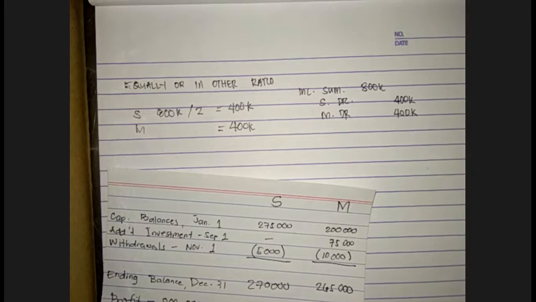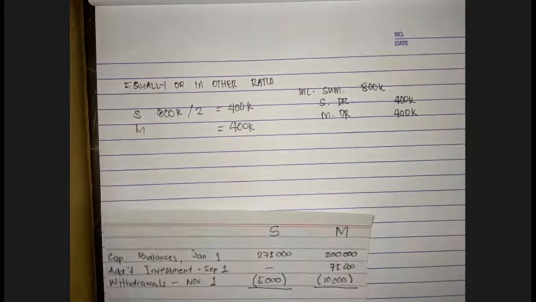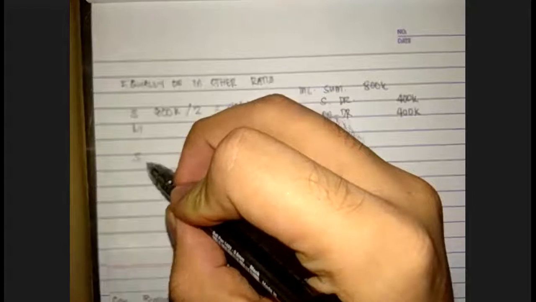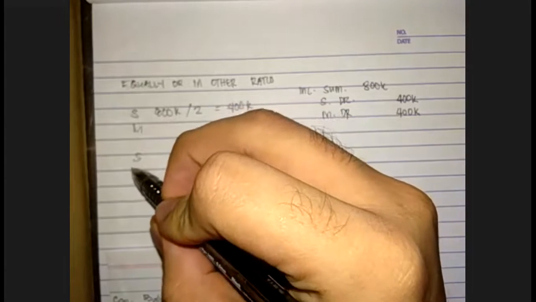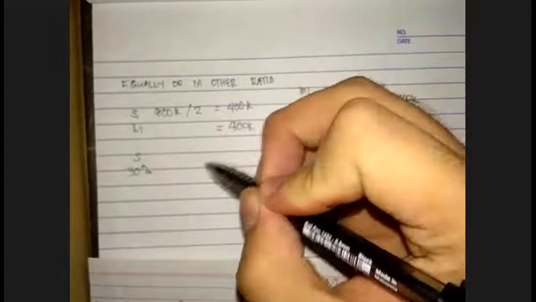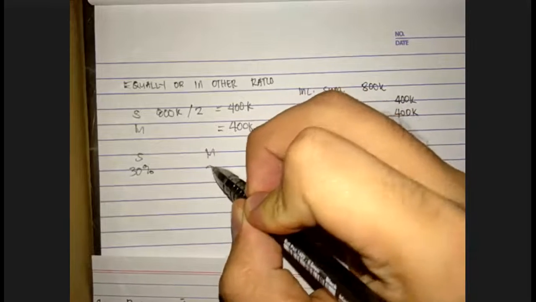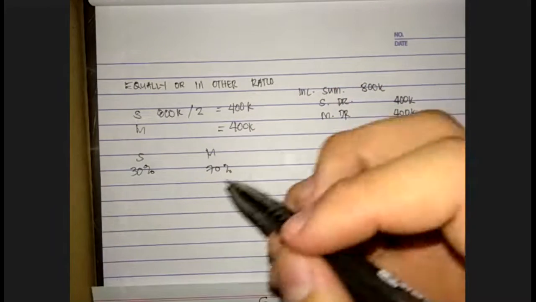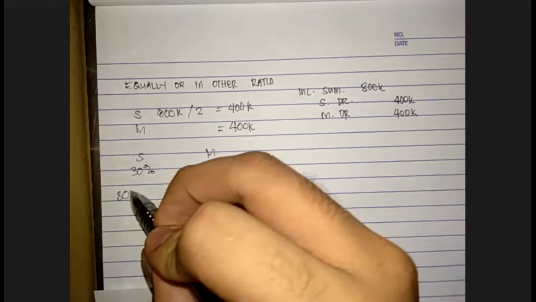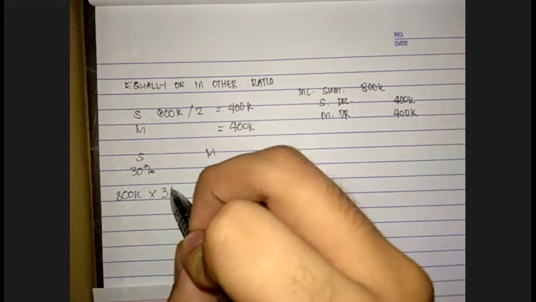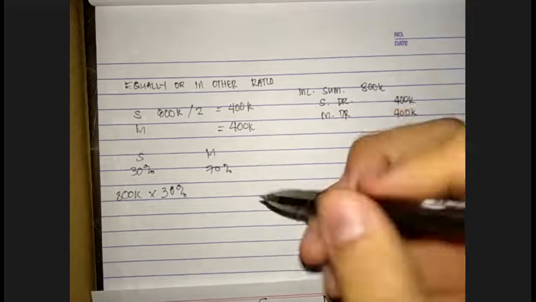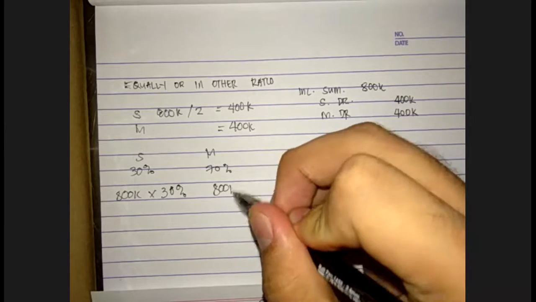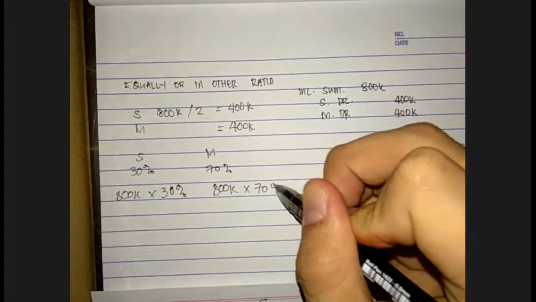So, ganyan. Equally siya. Pero pag sinabing in other ratio, si S is 30% and si M is 70%. So, to compute yung profit ng dalawa, si 800,000 na profit natin, i-multiply natin ngayon sa 30%. And si M naman, multiply natin sa 800K times 70%.